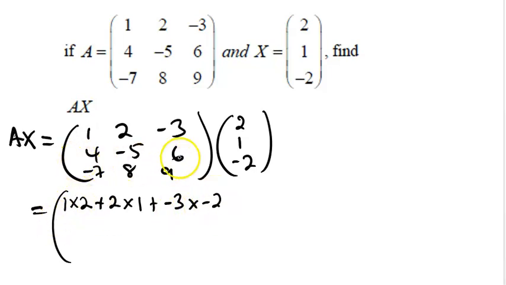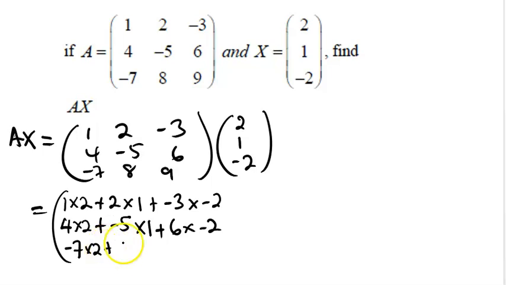Then the second row, first column: 4 times 2 plus minus 5 times 1 plus 6 times minus 2. Then minus 7 times 2 plus 8 times 1 plus 9 times minus 2.